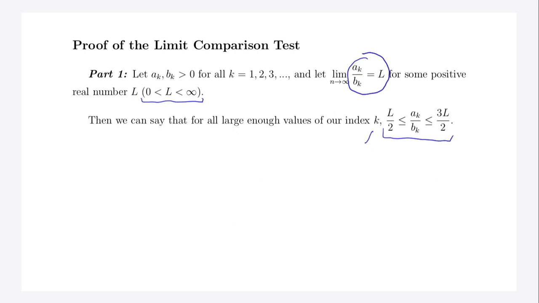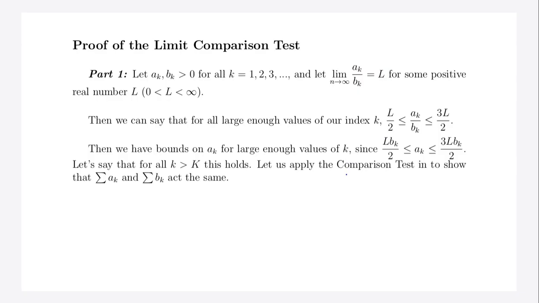Now, this is true for large enough values of our index, k bigger than some positive capital K, some large value. I think I put that in later. Again, maybe I'll try and fix that on your notes so that you've got it written in there. Then we can say, oh yeah, here it is. All right, I'll fix that later. Then we can say we have some bounds on a sub k by just multiplying this on both sides.